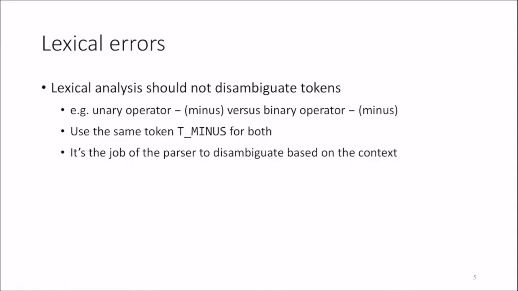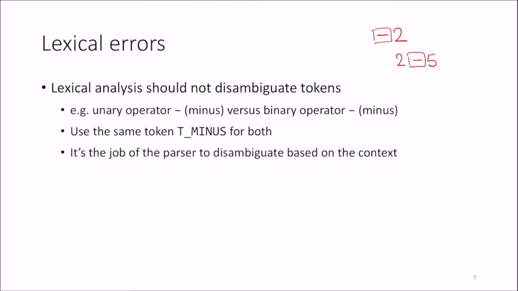A good example of this is a unary operator, the minus sign, which we can use for things like -2. So this minus here is a unary operator, but 2 minus 5 is a binary operator. In both cases, we have this minus sign here.